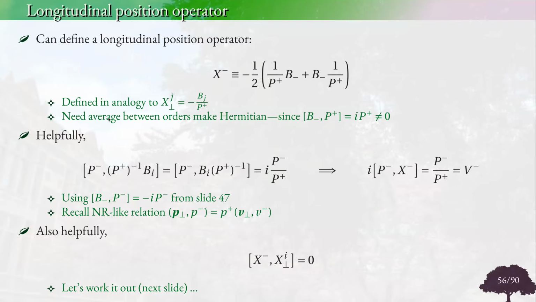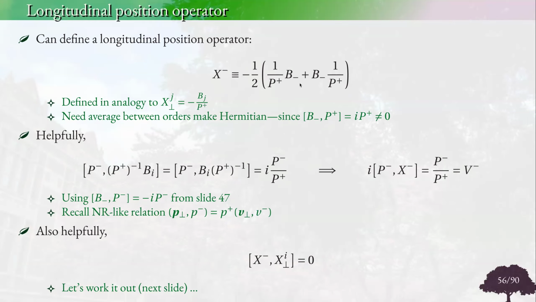So in analogy to last time, we discussed that you can define an X perp operator using your transverse boost operator. So transverse boost divided by P plus, with an overall minus sign. It obeys all the expected commutation relations that you should have for canonical first quantization. You can actually define an x minus operator in a similar way.